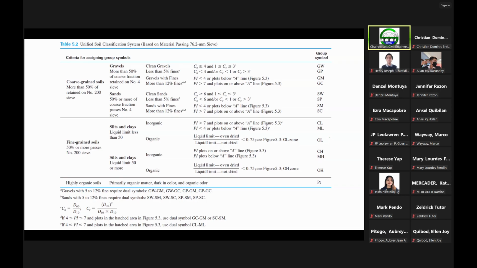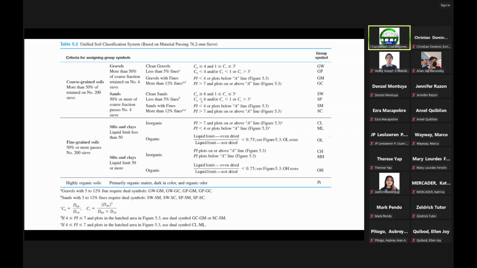Now in the case of clean sands, less than 5% fines, for a CU, the uniformity coefficient, greater than or equal to 6 and CC, the coefficient of gradation, greater than or equal to 1 but less than or equal to 3, then we call it a well-graded sand, S meaning sand.